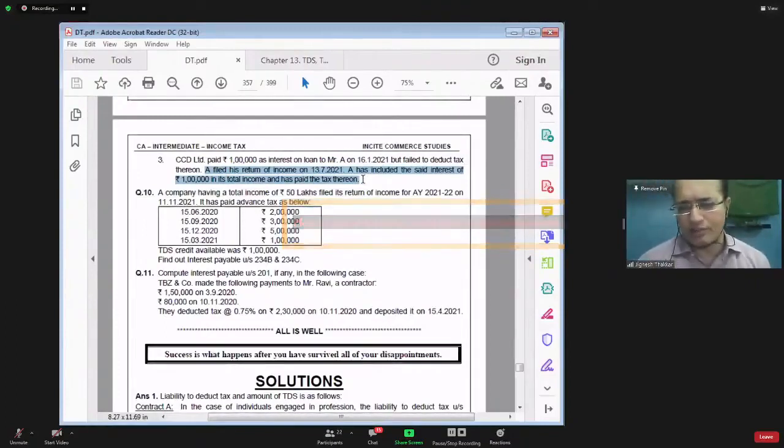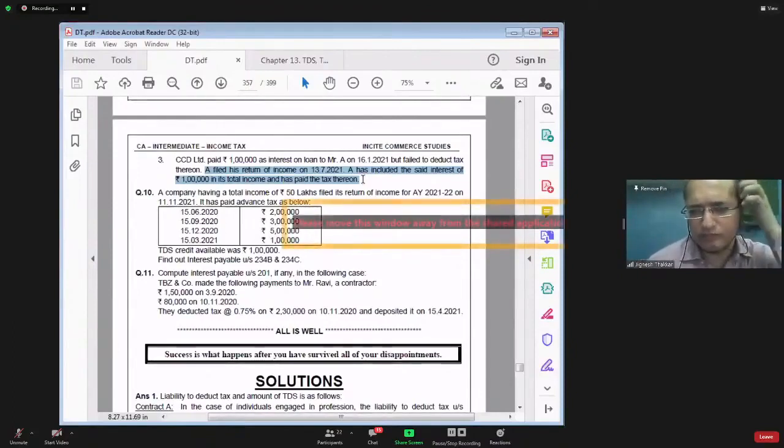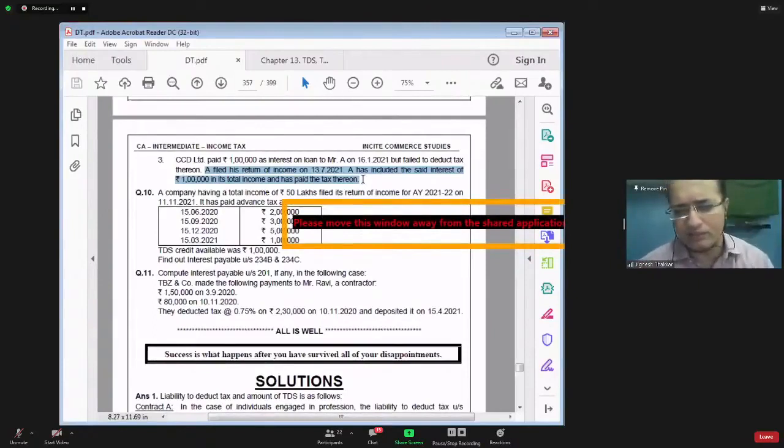It is covered by section 194A. Rate of TDS is 10%, COVID special rate is 5%. Minimum amount not subject to TDS: if the payee is a resident senior citizen 50,000, otherwise 5,000. Do you remember those provisions?